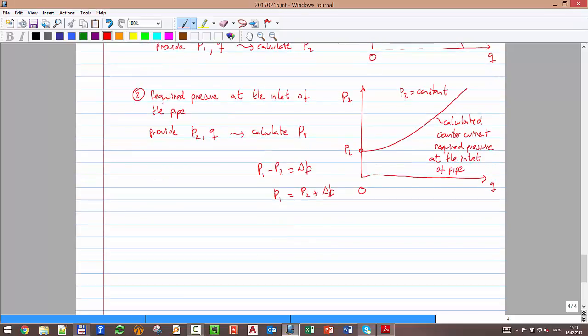And there is a third way that I can use, to calculate the rate. That means if I provide P1 and P2, I can calculate Q, right? Yes?